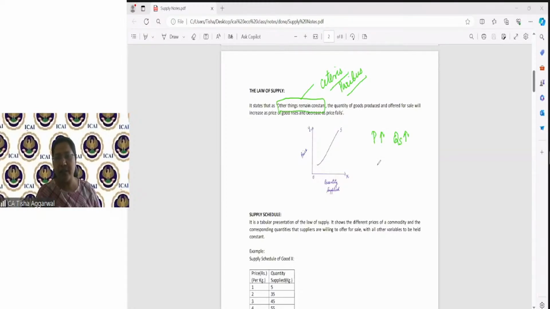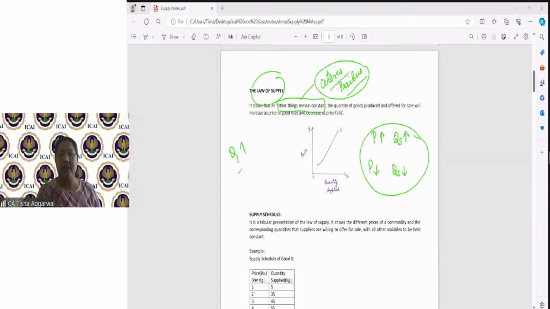When the price reduces, quantity supplied also reduces. So whenever we talk about the law of supply, other things remaining constant, the quantity is going to increase if the price is increasing, and the quantity will reduce if the price is reduced. Is it clear up till here?